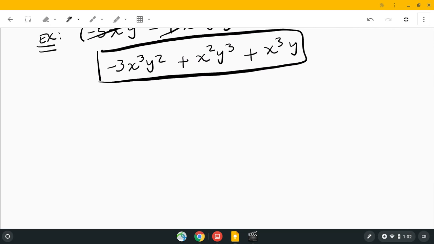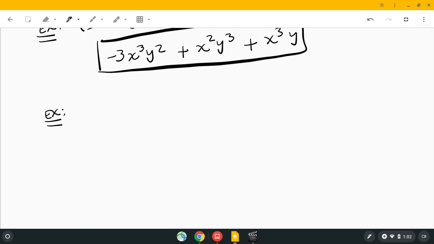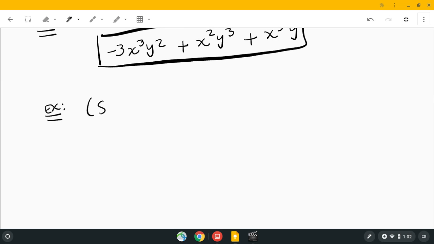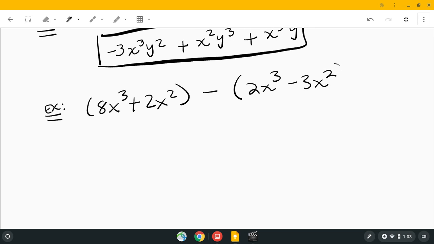Let's take a look at subtraction. So again, with subtraction, you just have to make sure that you distribute the subtraction, in which case the signs will change. Okay, so suppose that I have this, 8x cubed plus 2x squared, and I'm subtracting 2x cubed minus 3x squared. Here I'm going to actually do an extra step.